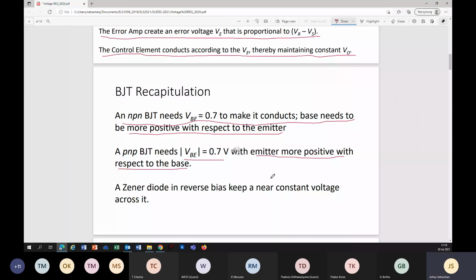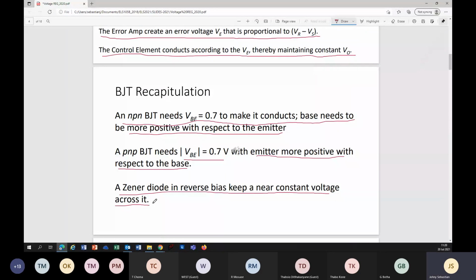Next point, a Zener diode in reverse bias keeps a near constant voltage across it, that is VZ. We also studied in detail VZ equal to VZ naught plus IZ RZ, things like that. And we also identified line regulation and load regulation with respect to a Zener.